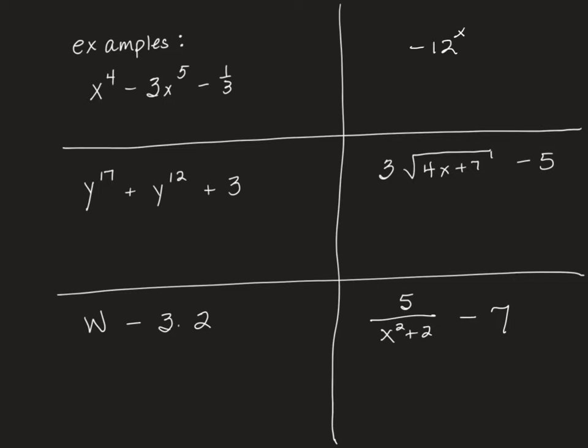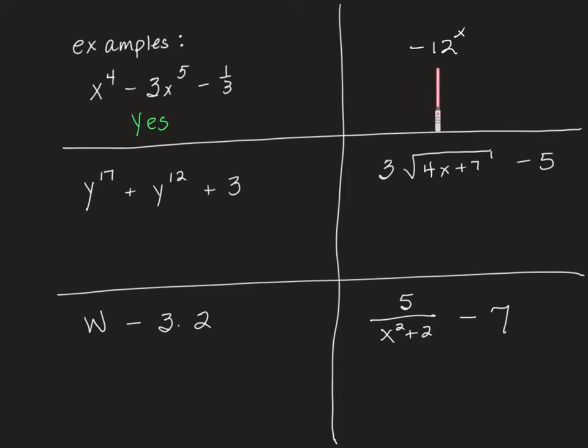So here are some examples, so let's go through some of them. When I look at this one, is it a polynomial? Well, I have a variable. No variables are underneath a radical. No variables are underneath a fraction. Then I look at my exponents. There are no variables, no fractions, no decimals in my exponents. So yes, this is a polynomial.